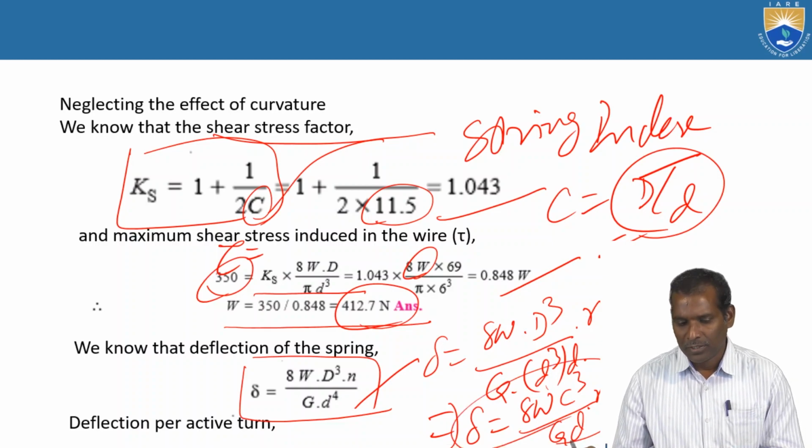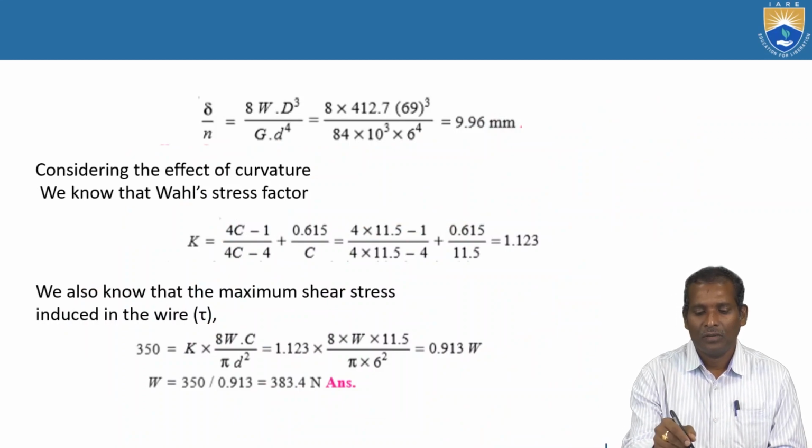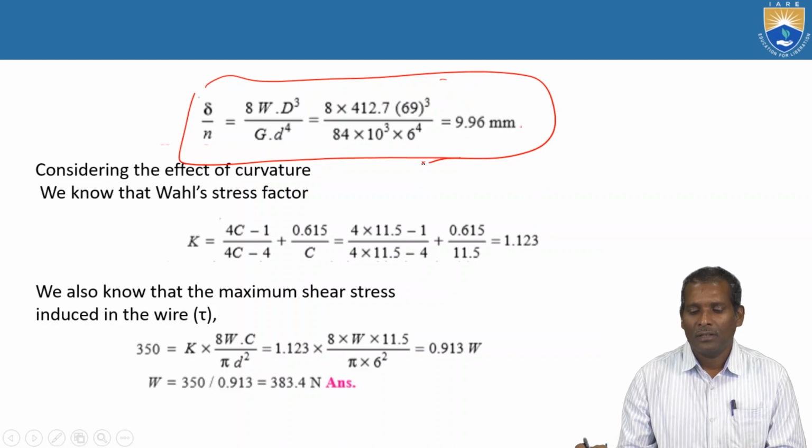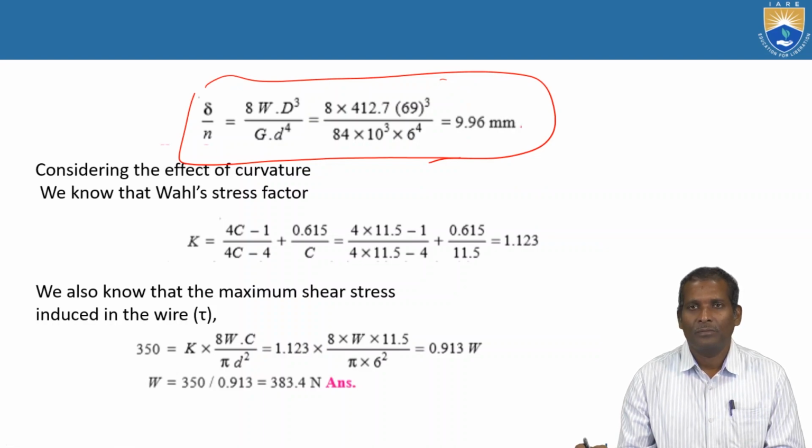So the deflection per active turn is calculated like this, 9.96 mm.